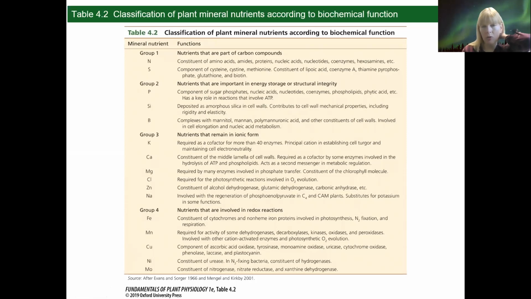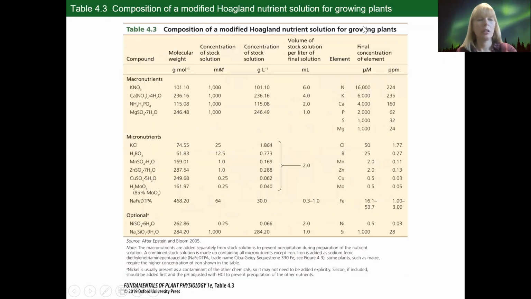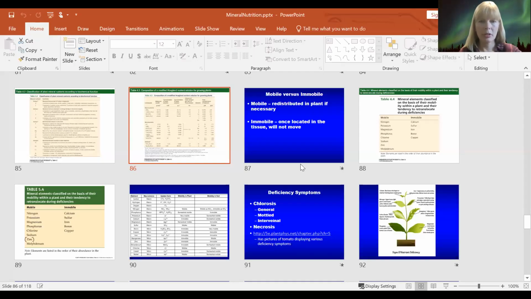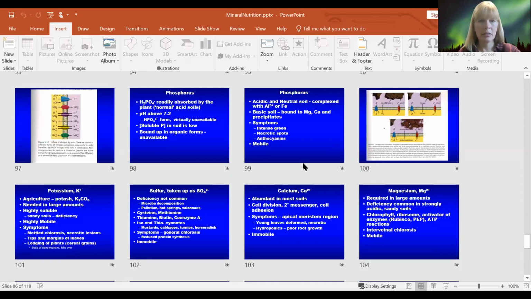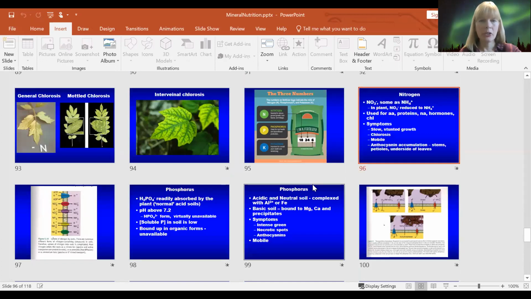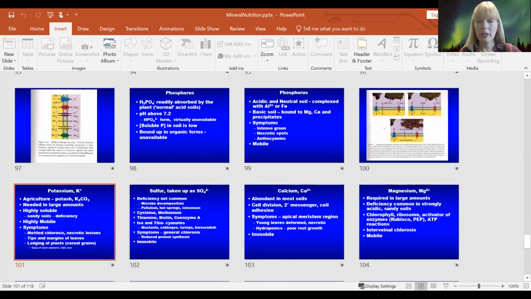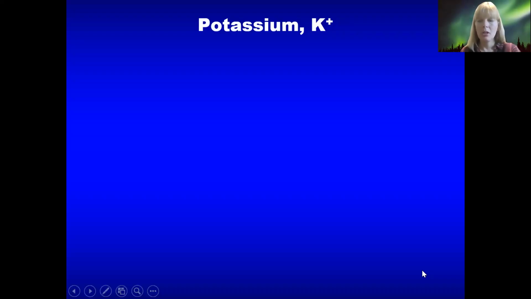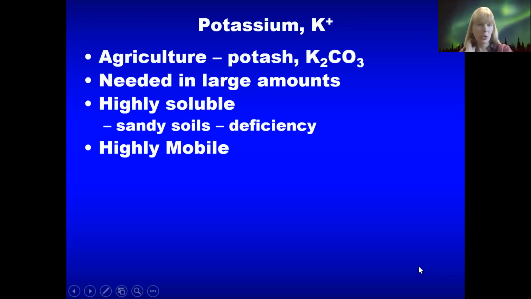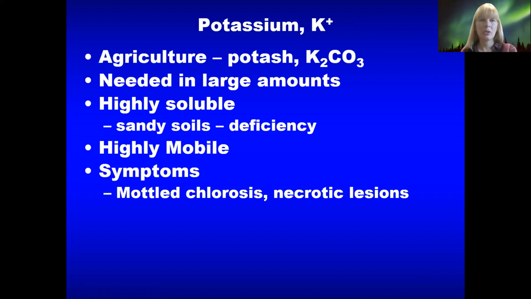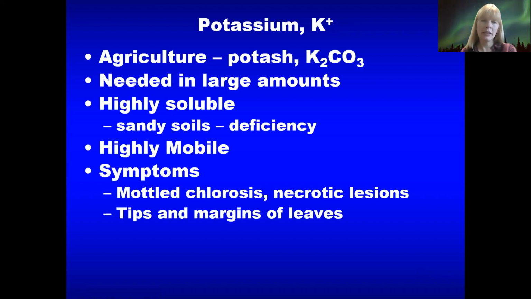And so between what you're reading on this table for what's going on with these nutrients, and then let me go back further into this slide set, I covered several of the minerals in the slide set that I typed up as well. So then looking at table 4.2 and then looking at some of the information for the ones I covered anyways, you can combine that information.